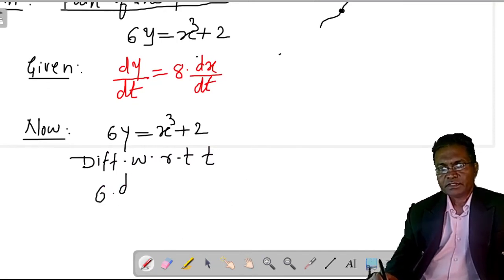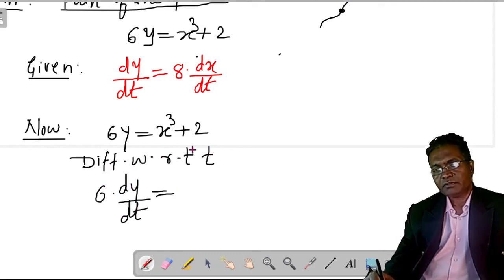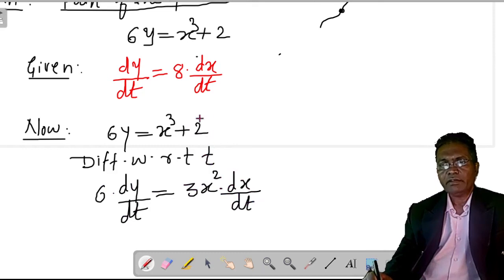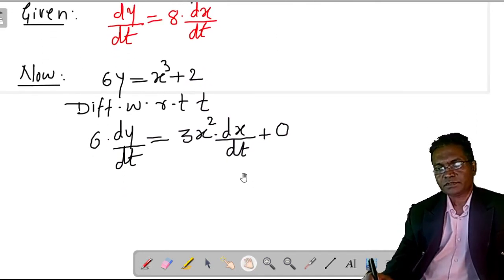So differentiating with respect to t means dy by dt equals to x cube derivative with respect to t, and it is 3x square into dx by dt, and derivative of 2 is 0, constant. Okay.